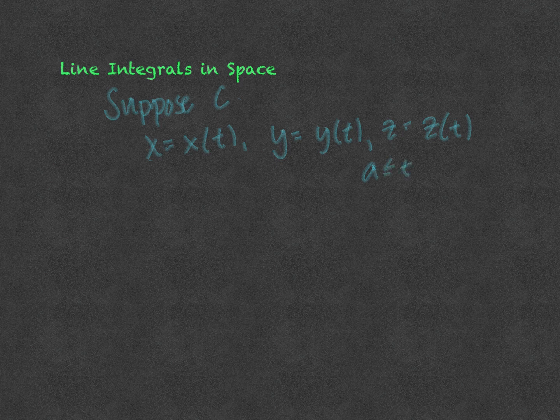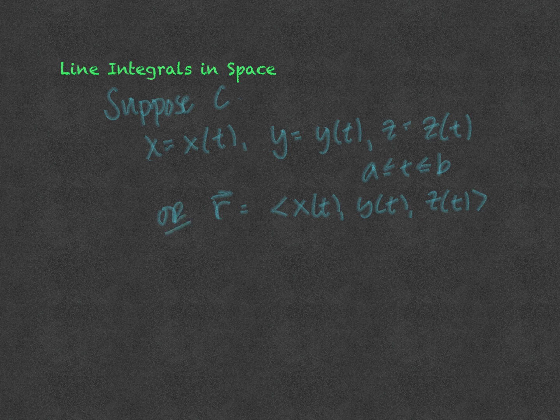So we have t is bounded by a and b. So when we do this, we're in 3 space. It could be bounded by a vector equation. So it could be r equals x of t, y of t, z of t.